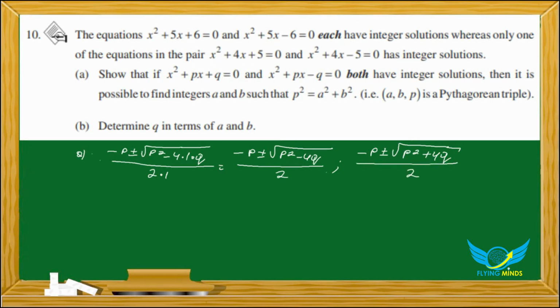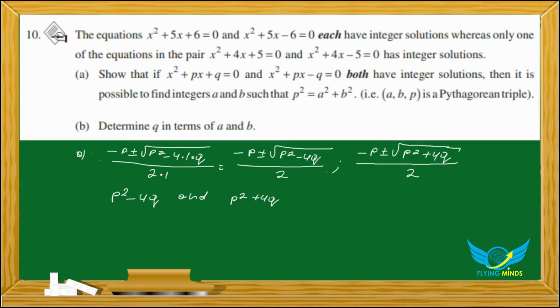For these two solutions, for the first and second equation, to be integers, one condition must hold: the expressions under the square root in both, p² − 4q and p² + 4q, must be perfect squares.